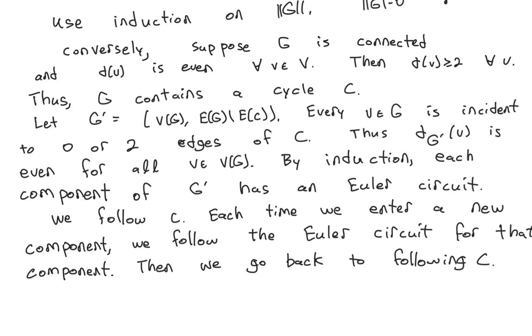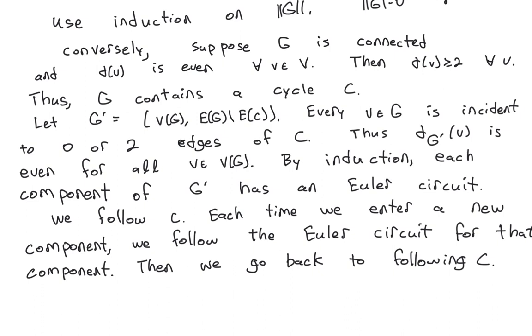So in order to apply induction, you need to point out that every vertex in your graph is either not on C at all, so it has no edges incident to C, or if it appears on C, it has exactly 2 edges in C. So in particular, if we remove those 2 edges, the degree changes by exactly 2, or 0. So in G prime, the graph obtained by deleting the edges of the cycle, the degree of every vertex is even.